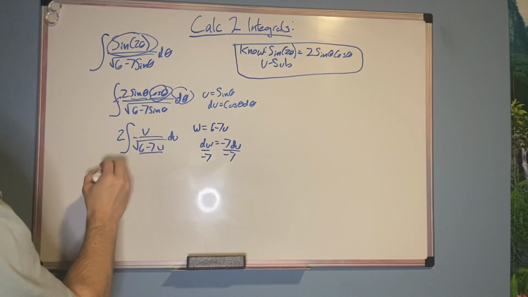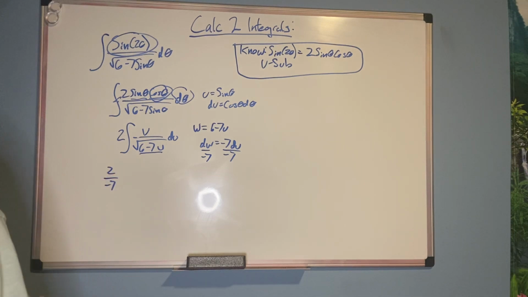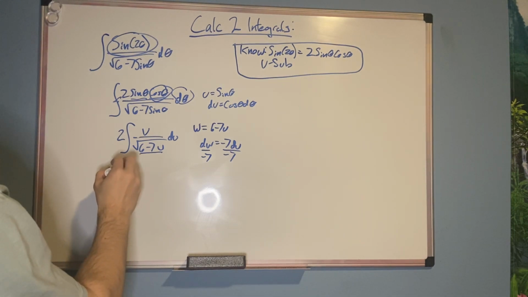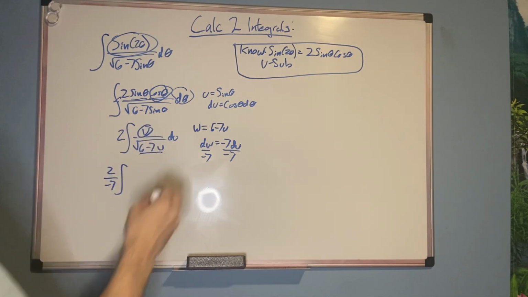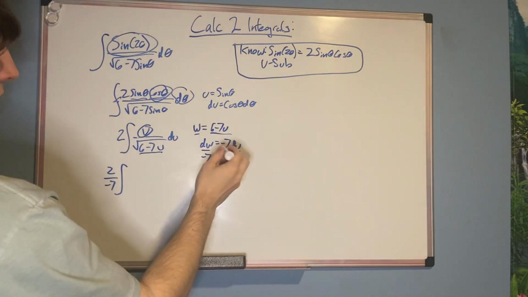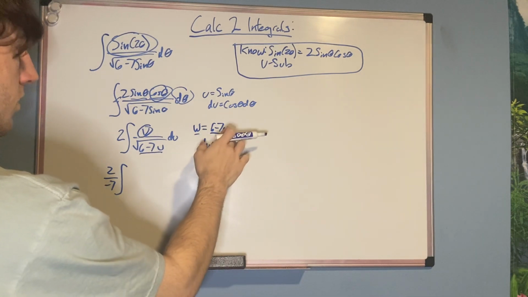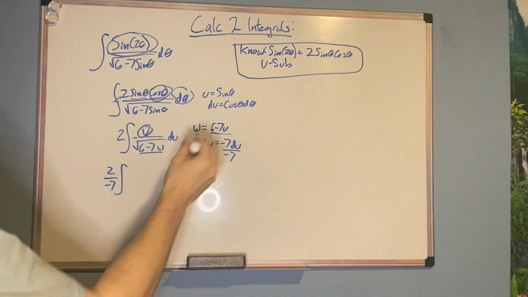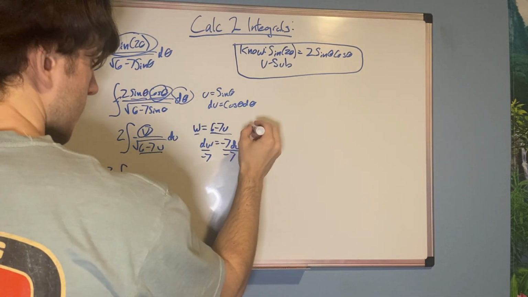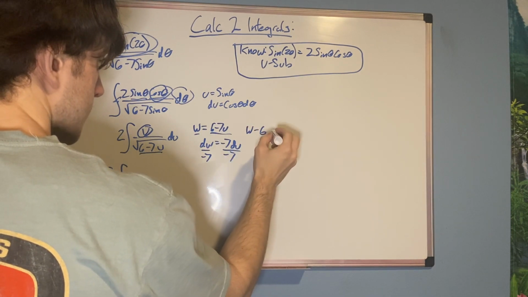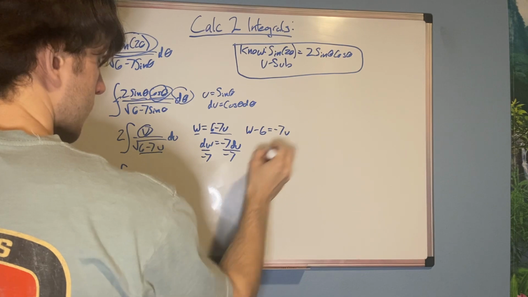And then we can take that on the outside of the integral, 2 over negative 7, integral. Now we have this u all by itself. Since we have w in terms of u, we need to write u in terms of w. We can subtract 6 from both sides, so w minus 6 equals minus 7u.